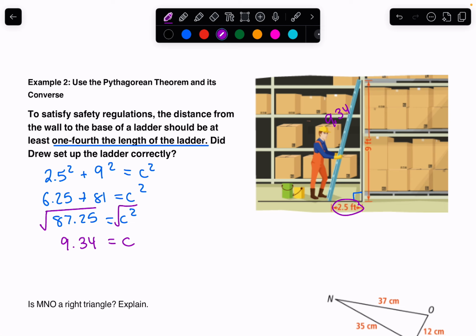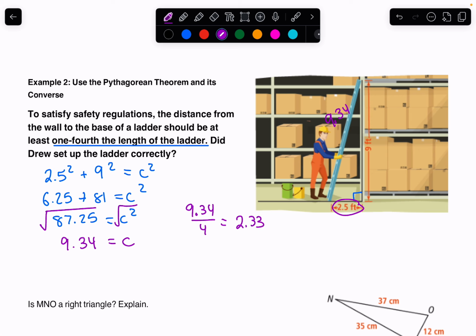So what we need to figure out is whether it's at least 1/4, so we want to figure out what 1/4 of this is. So 9.34 divided by 4 is going to give us 1/4 the length of the ladder. That's going to give us 2.33.